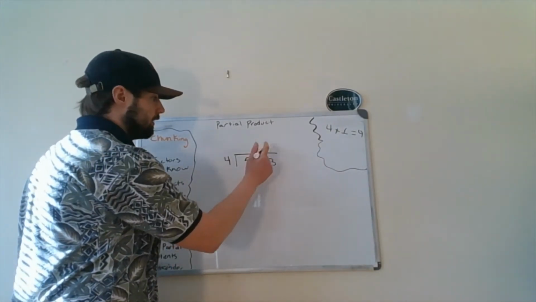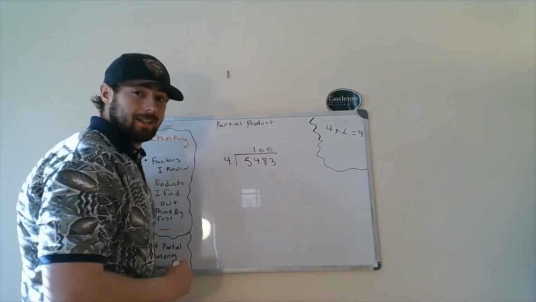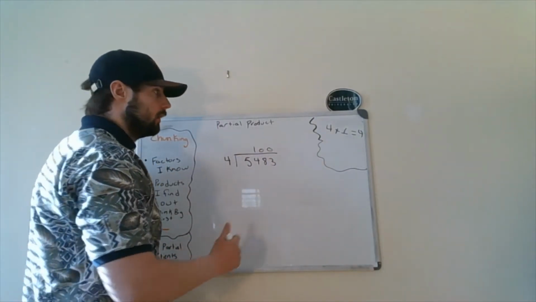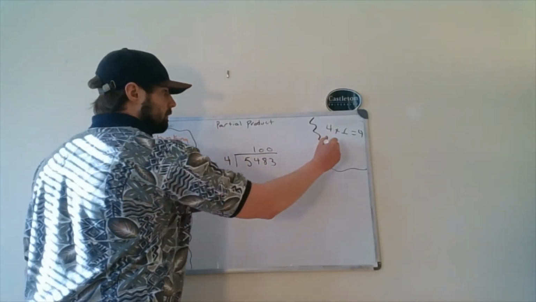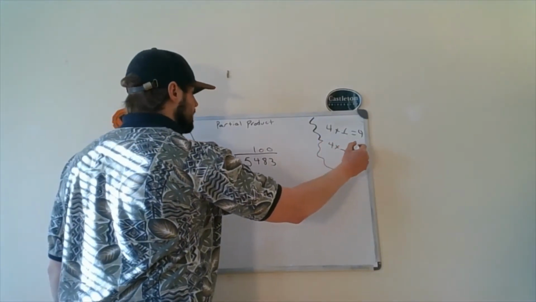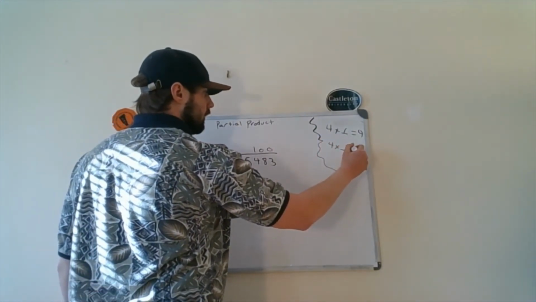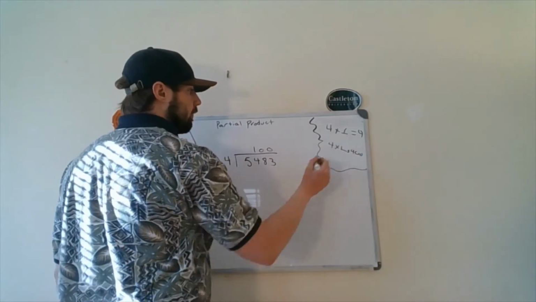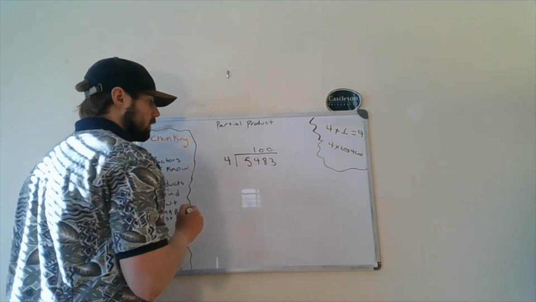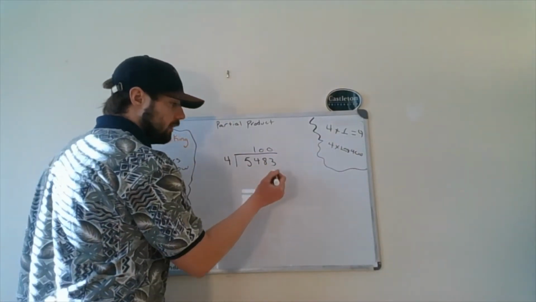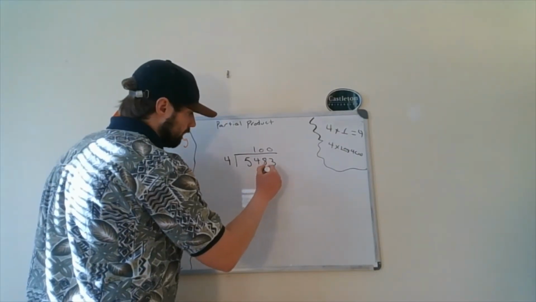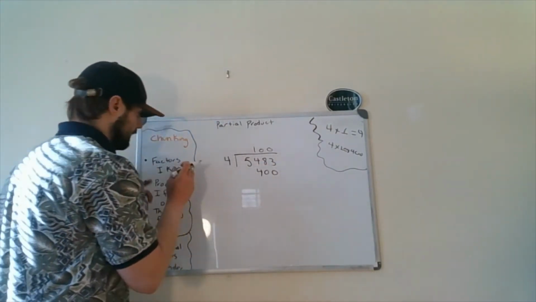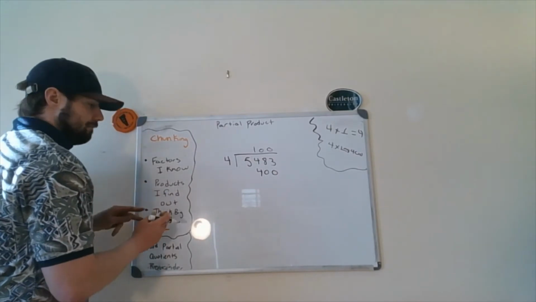We're in the hundreds. Tack those 2 zeros. So I'm thinking 4 times what number is going to give me 400? I know 4 times 1 is going to give me 4. I tack 2 zeros. 100. 4 times 100. Go with me. 400. I chunked. I thought big.